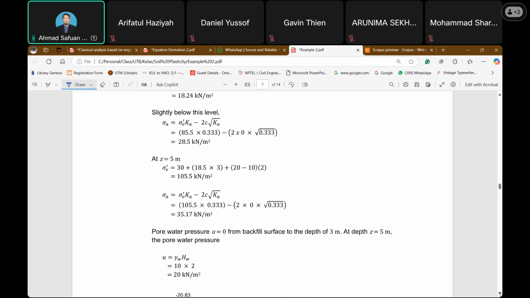For water pressure, it is 0 at 3 meters. At 5 meters, the pore water pressure is equal to 10 times 2. As I mentioned before, we use unit weight for this example as 10 instead of 9.8.